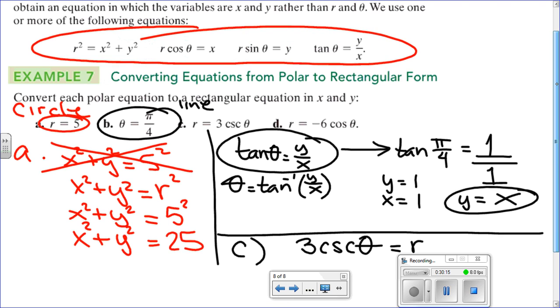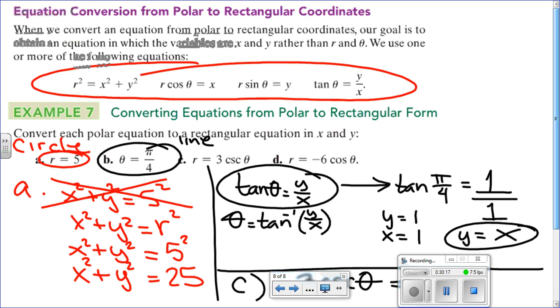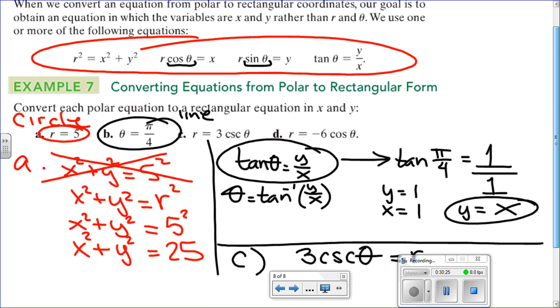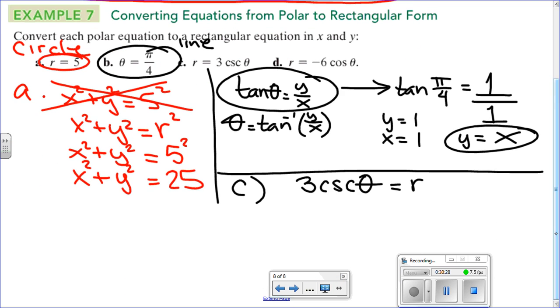If you guys recall, our formula, we don't have secant or cosecant, we only have sine and cosine, right? So let's convert that cosecant to sine. So it's going to be r is equal to 3 over sine theta, right? Isn't it true? Yes.